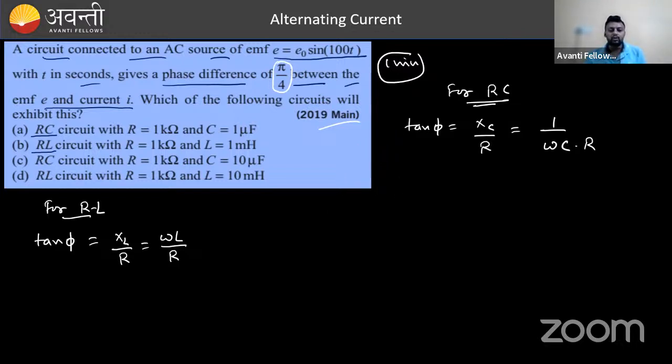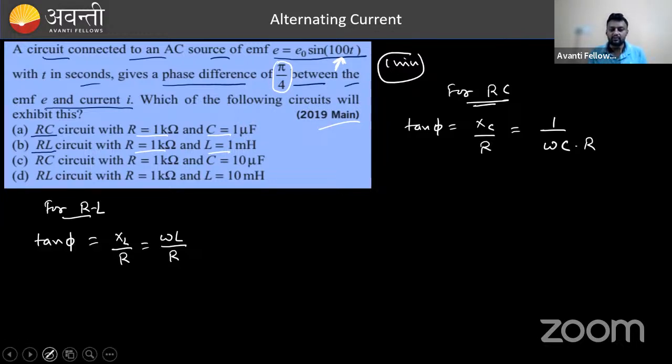You will put the values of R, C and L in the respective circuits, where omega is 100, and check in which situation tan phi comes out to be 1. That's the way you can do it.